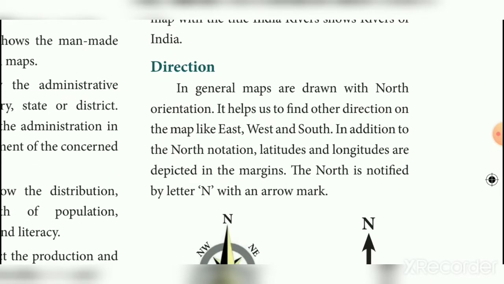Direction. In general, maps are drawn with north orientation. All the maps are drawn with north orientation. It helps us to find other directions on the map, like east, west, and south. In addition to the north notation, latitudes and longitudes are depicted in the margins.